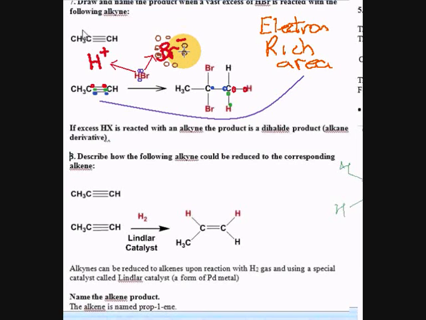This is going to be nucleophilic, and it's got plenty of electrons to give. Then we have a little bit of Markovnikov's rule going on here, in terms of which one is going to lose the electron when the bonds do break.